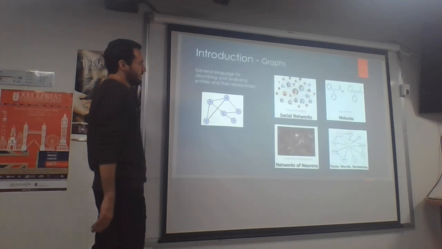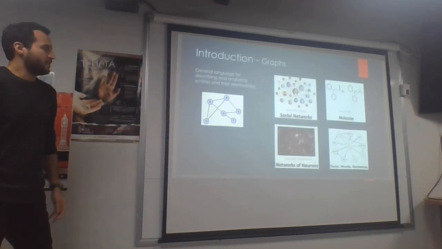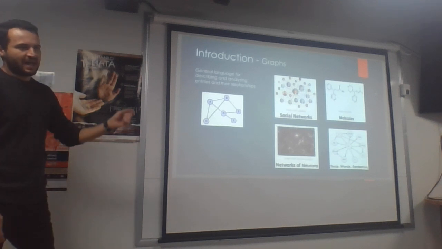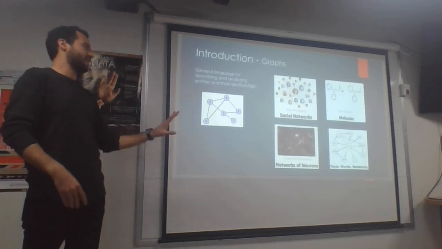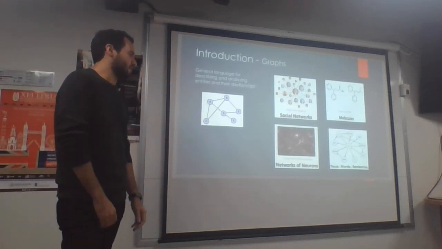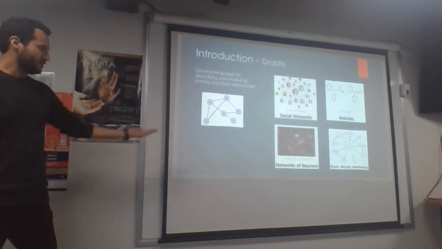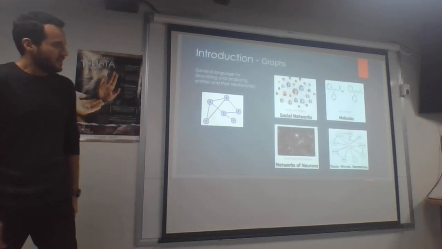Another interesting example is in biochemistry. For a molecule, we can represent each atom as a node and the bonds between the atoms as edges, and with that represent the molecule as a graph and use it for some kind of analysis. Also, a more natural representation is the network of neurons.